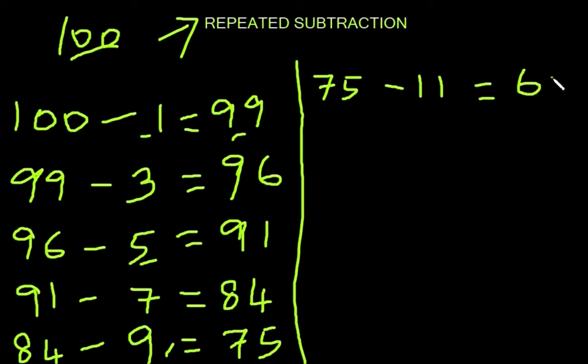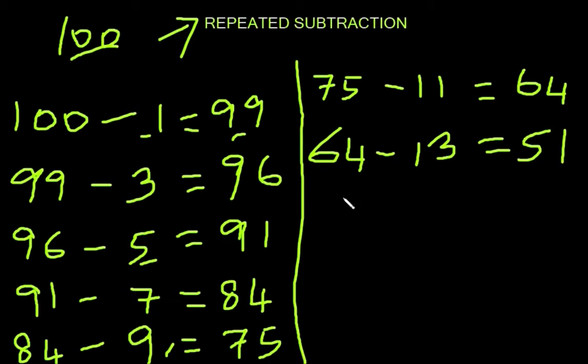Take the 64 and subtract it with the next odd number. What is the next odd number after 11? It is 13. What is 64 minus 13? 51. Now 51 minus the next odd number after 13, which is 15.